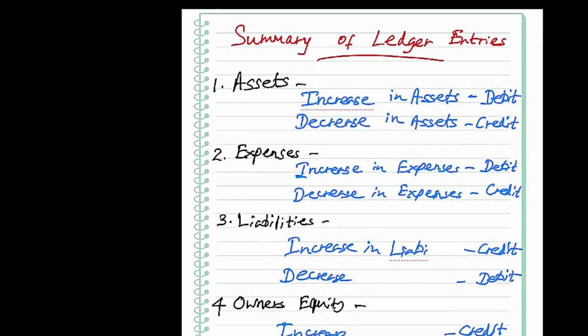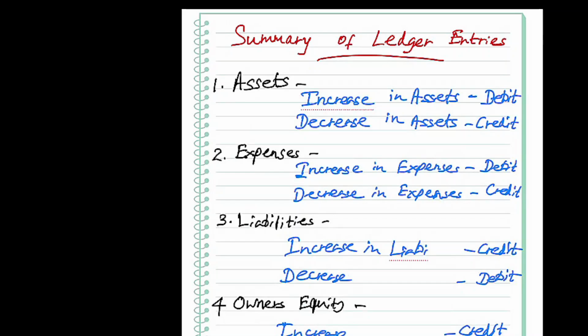So we have 5 accounting elements, right? Any item we come across in accounting in a business, we can classify under any of these 5. Do you agree with me? So then we are giving the rules or the double entries for each of the accounting elements.